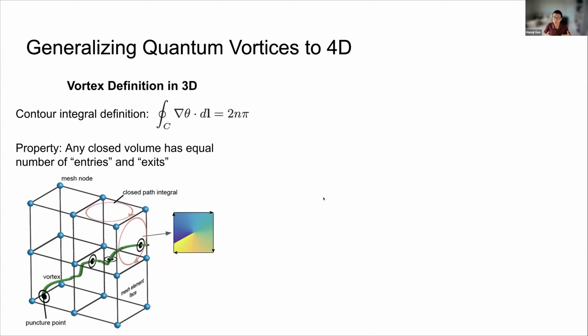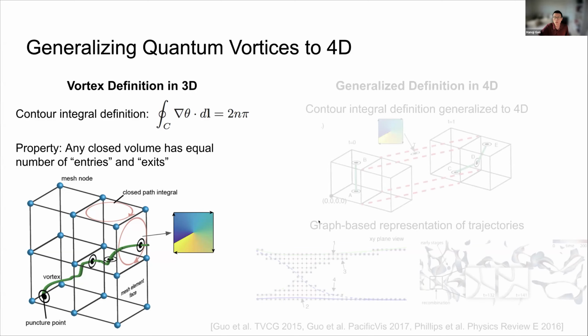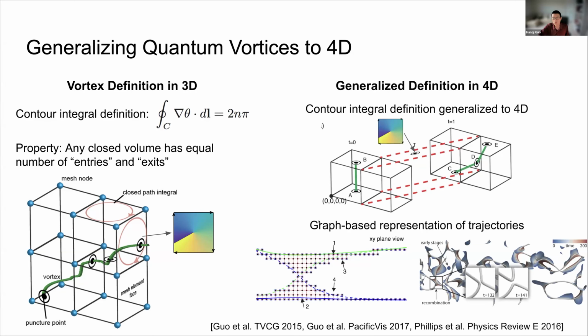So basically, we are facing 4D data instead of 3D data. The idea is actually straightforward: can we generalize this feature definition to 4D? And this is actually doable. We can elevate these cubes to a 4D hypercube, and it's similar to the definition in 3D.